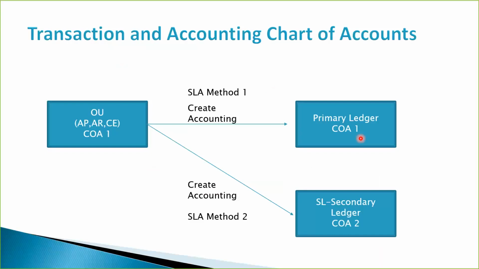So for example, when you have been entering invoices and we have to enter the distribution account, we usually see the values for our chart of accounts, the one that we know, the one we created when we were creating our primary ledger. Okay. So the chart of accounts at the operating unit or these subledger modules is the same as the one that is associated with your primary ledger.